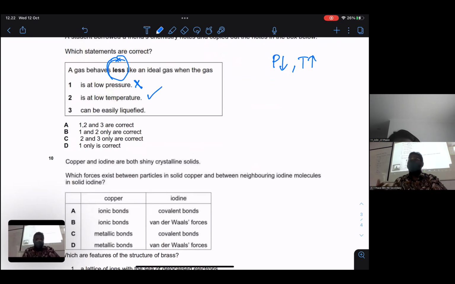And that can be easily liquefied. Easily liquefied means when gas is compressed, they are going to form a lot of attraction between each other. If they can form a lot of attraction, it means less ideal. We don't want any attraction. So can be easily liquefied is less ideal. So the answer is going to be 2 and 3.